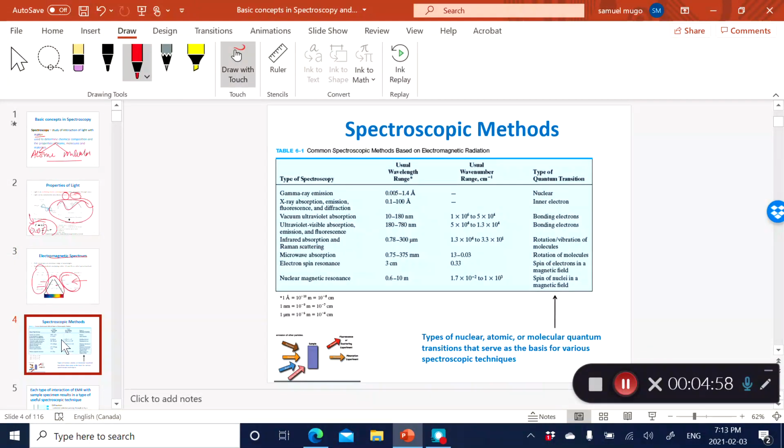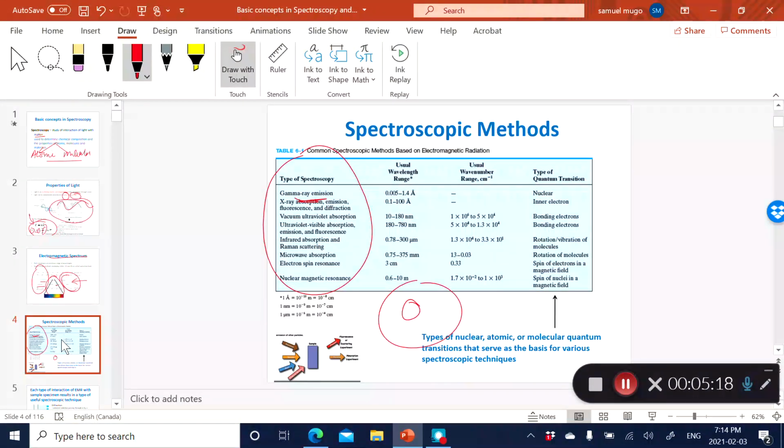And so based on that, you can have all sorts of different types of spectroscopies depending on the energy of the EMR that impinges on the chemical specimen. If you are impinging the chemical specimen with gamma rays, it is very, very energetic.